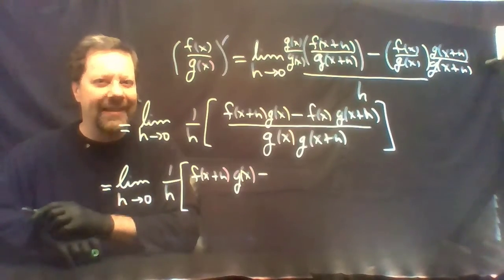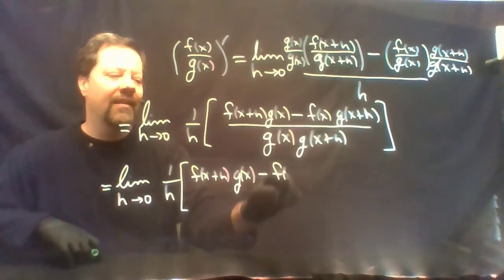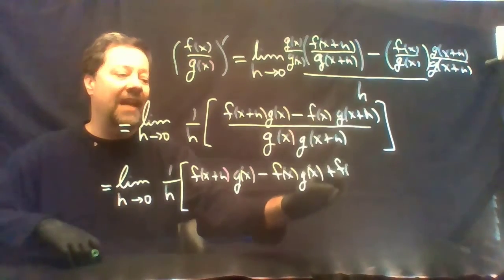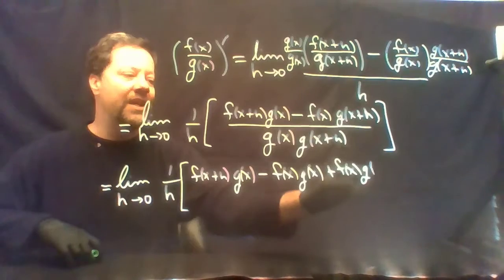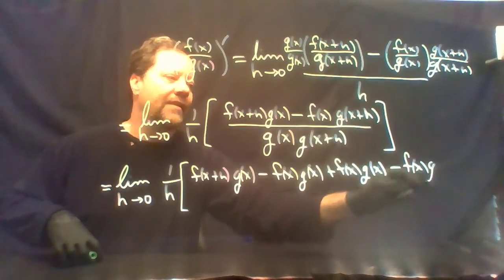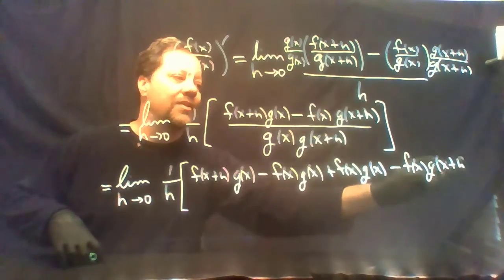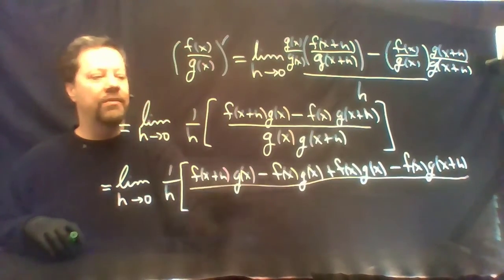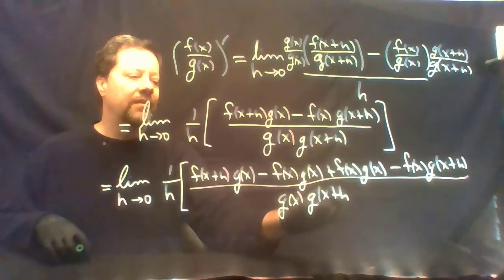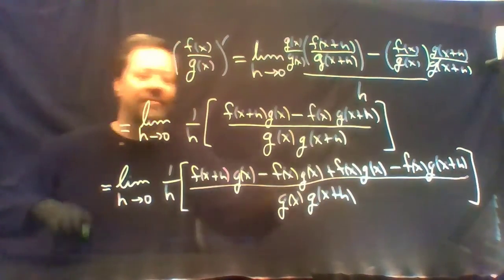Here's the term we're going to insert. f of x g of x plus the same, so it's not really going to change anything, and then minus f of x g of x plus h, all over g of x plus h.